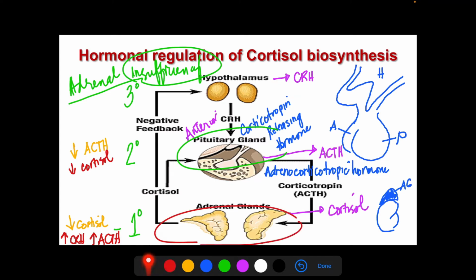So that will send a feedback to the hypothalamus to increase the production of the CRH. That means in secondary AI, there is an increased production of CRH. Because again, the problem is in the pituitary gland, in the anterior pituitary gland.